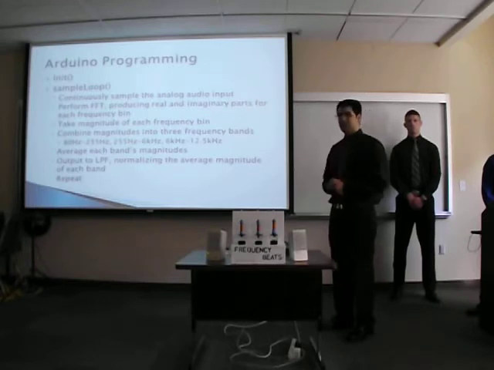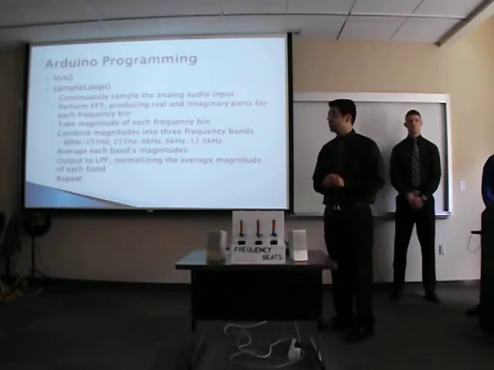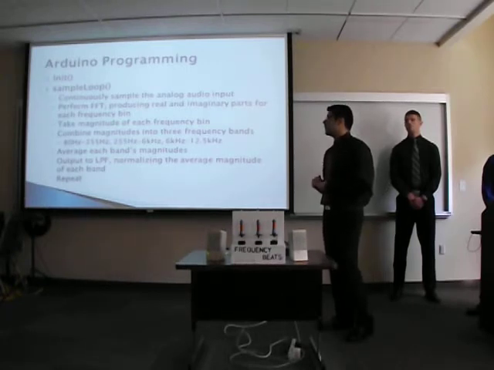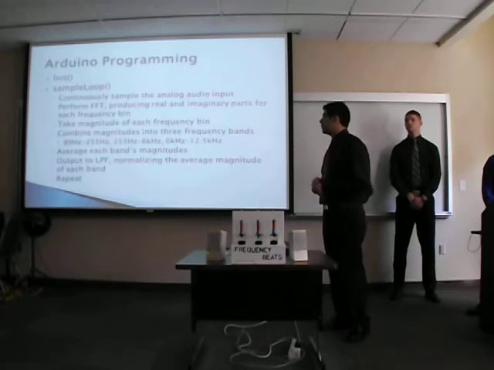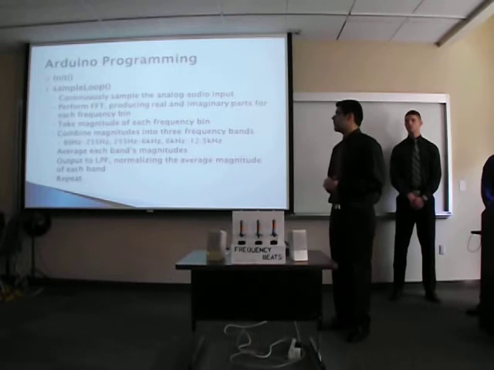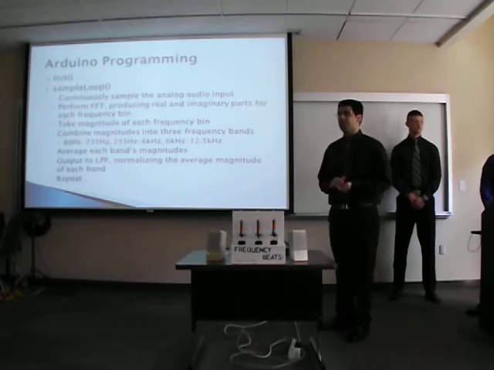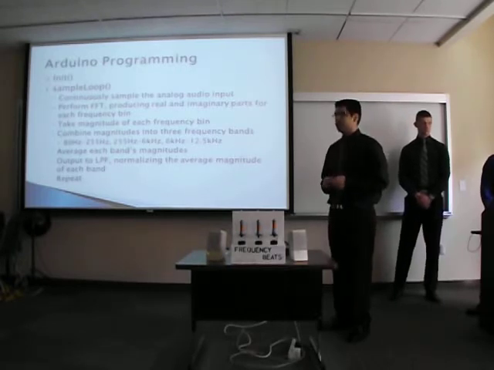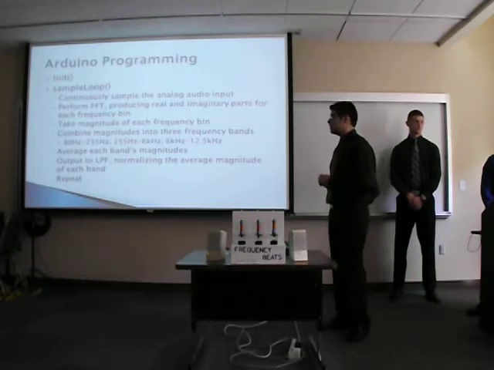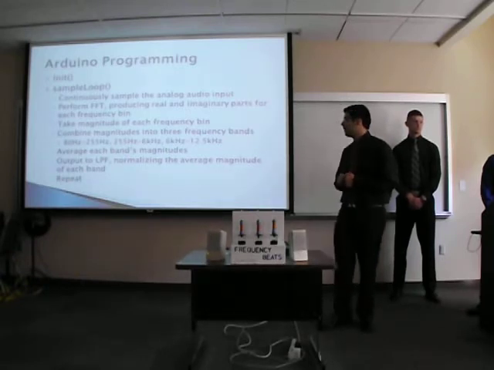And inside the loop itself, it continuously samples the analog input through the standard 3.5 audio jack, performs the FFT, and produces real and imaginary parts of the signal in each bin. We take the magnitude of each bin and combine them into the listed frequency ranges. 80 Hz to 255 is the low range, 255 to 6K is mid, and 6K to 12.5K is high.